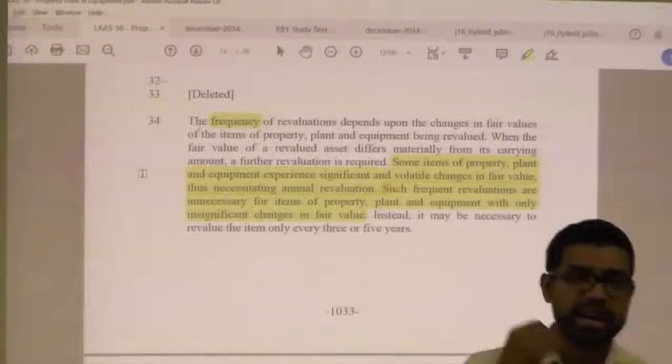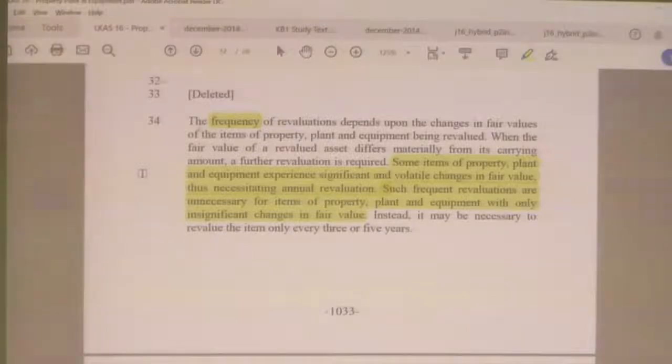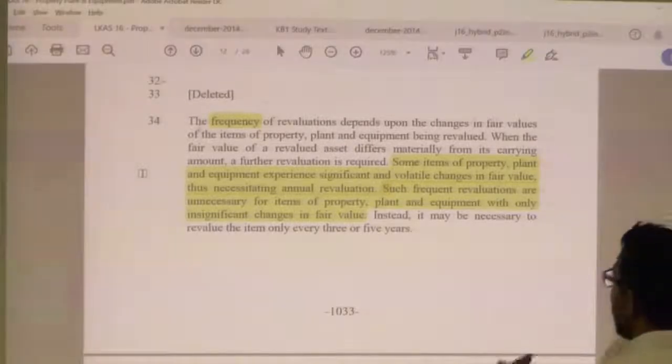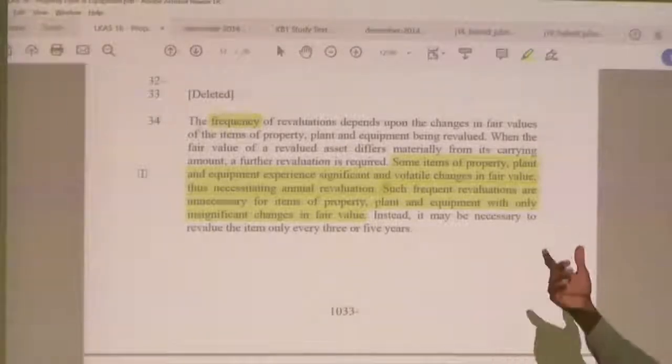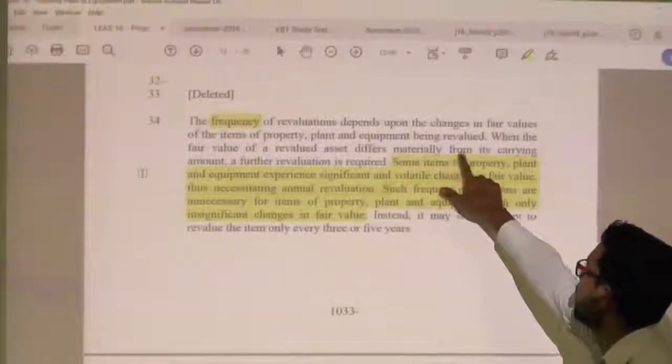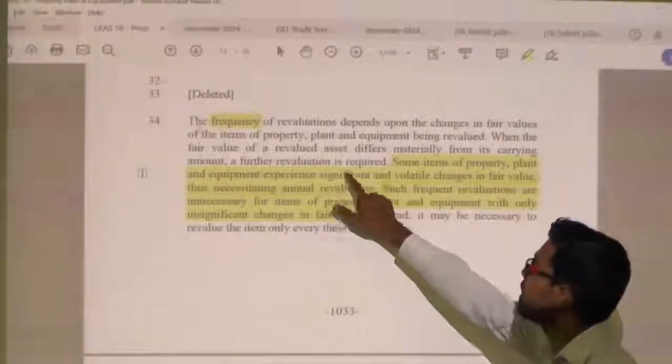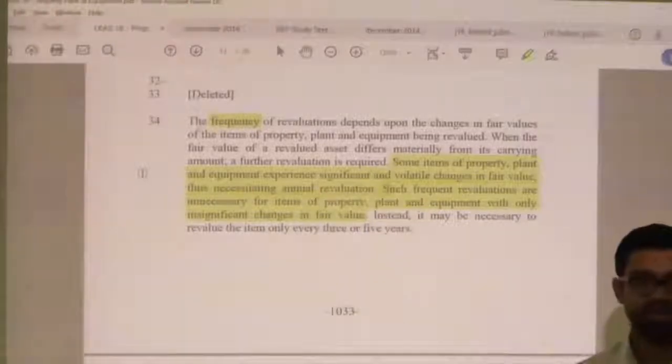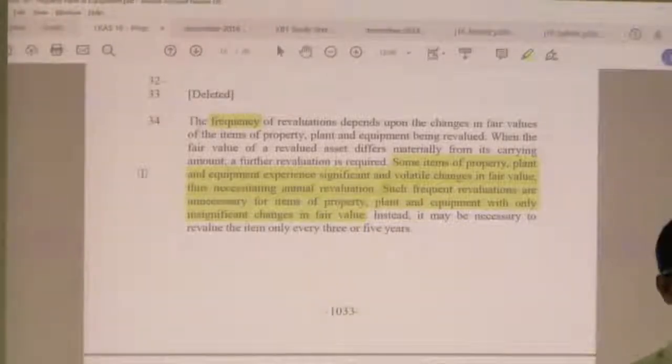Let's say your carrying amount is 100 but the revalued amount is 200, double it. Then it materially differs from the carrying amount, so further revaluation is required.